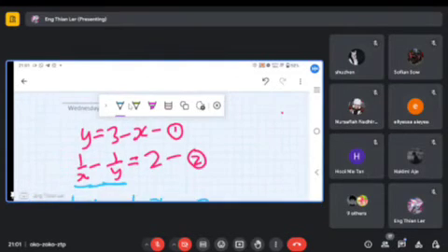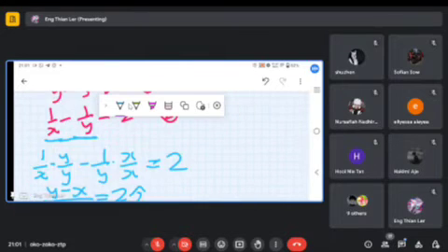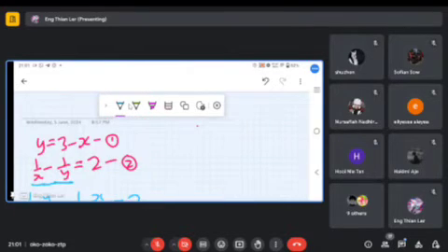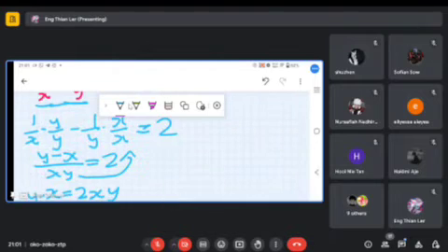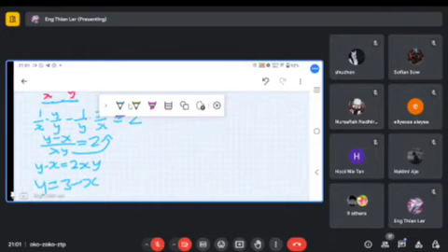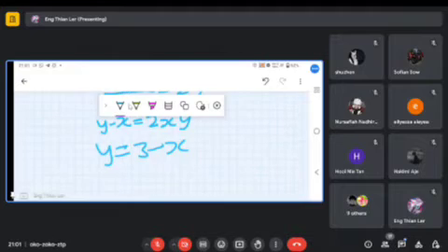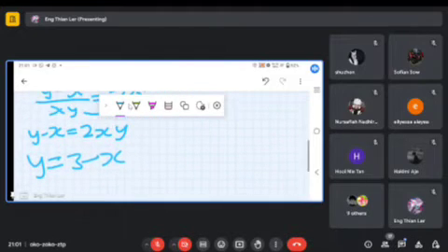are going to substitute all the y with 3 minus x. So I'll substitute y equal to 3 minus x. So this 3 minus x will be here and here.